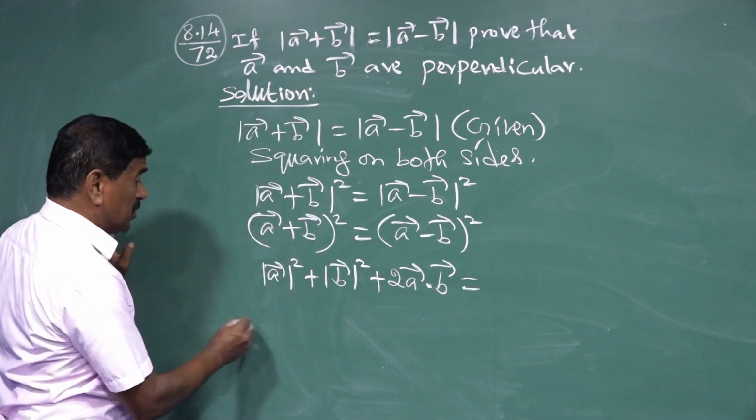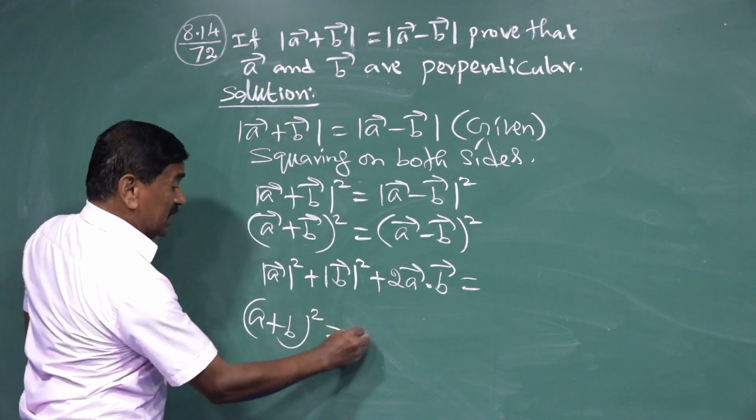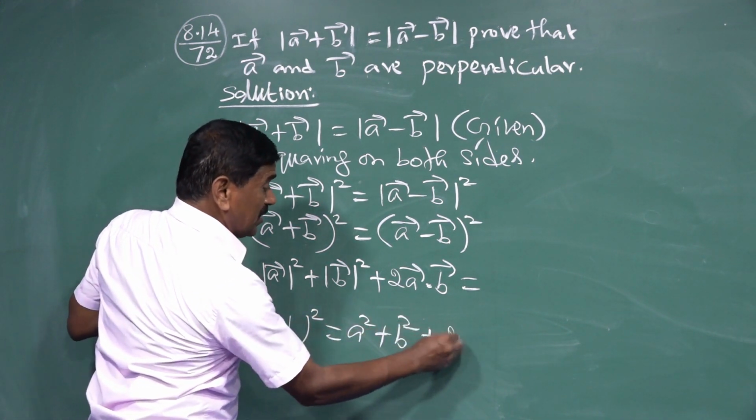In algebra, (A plus B) whole square is equal to A square plus B square plus 2AB.